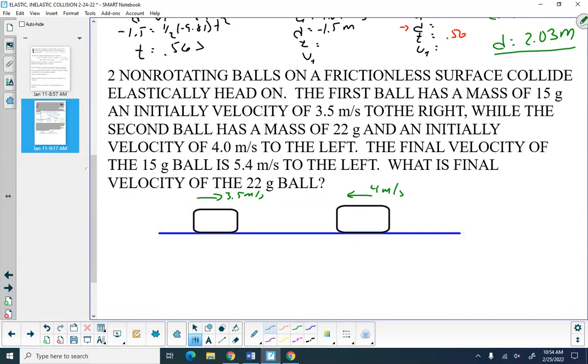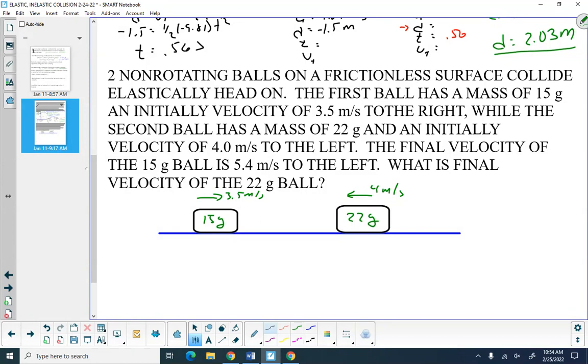The second one is 22 grams, and the first one is 15 grams. They're going to come together and collide elastically, which means they will bounce backwards.